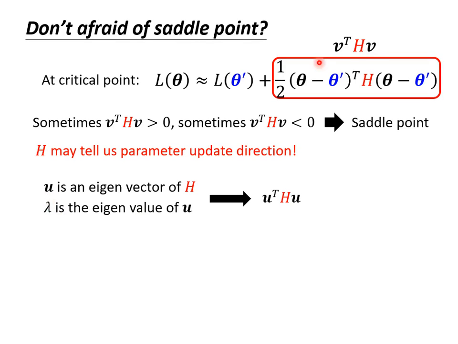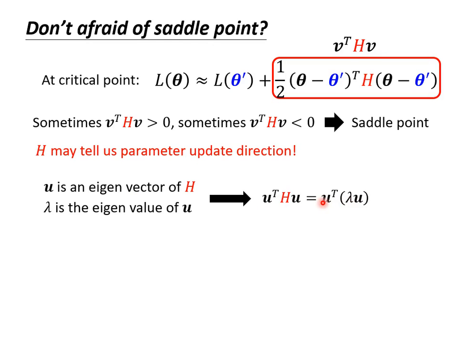Here if we replace V with U, what will happen? If we multiply U by H on the left side and on the right of H respectively, that is, U transpose multiplied by H and multiplied by U, what will we get? H multiplied by U will get lambda U. Why? Because U is an eigenvector. So H multiplied by an eigenvector will get the eigenvalue lambda multiplied by the eigenvector.